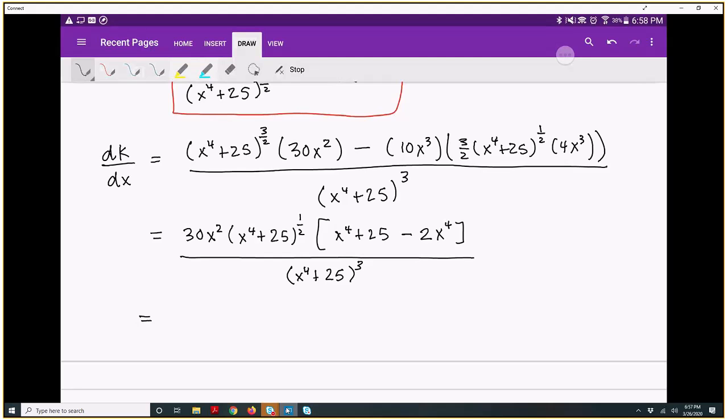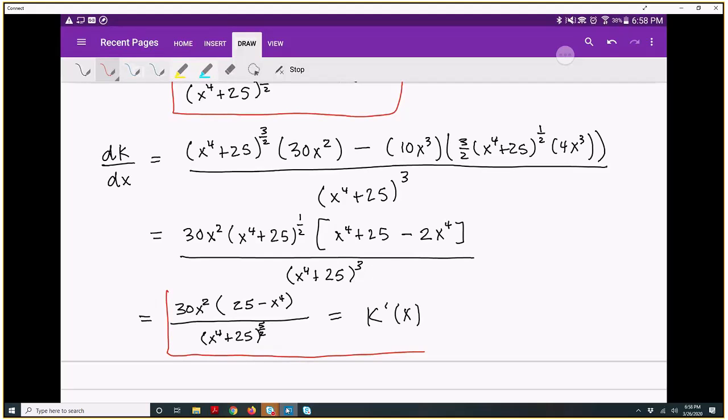And lastly, I just want to cancel that x to the power 4 plus 25 term. So I'm going to say 30x squared times, inside parentheses, 25 minus x to the power 4, and all of that over x to the power 4 plus 25, and it's going to be to the power 5 over 2 now, because I'm taking out the 1/2 power. And that's my k prime of x.